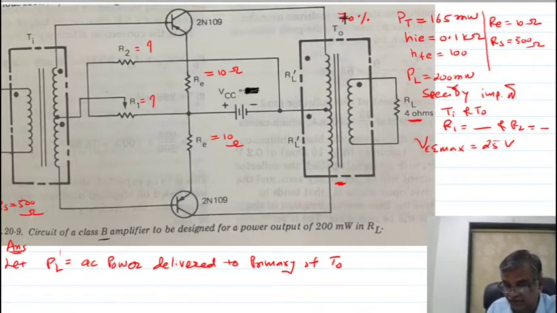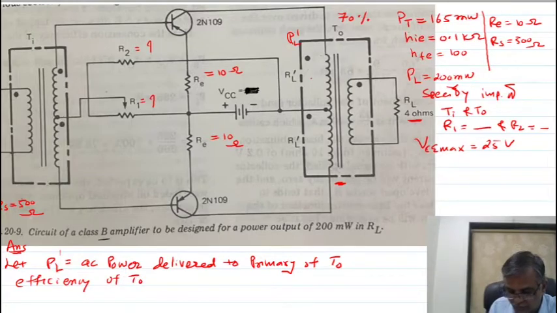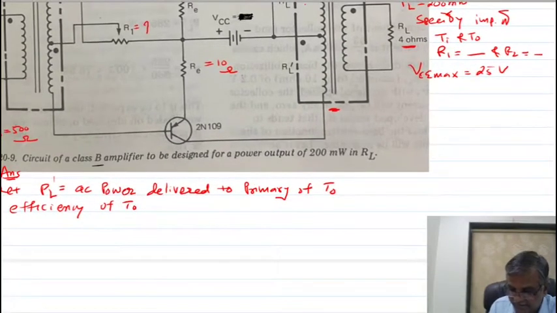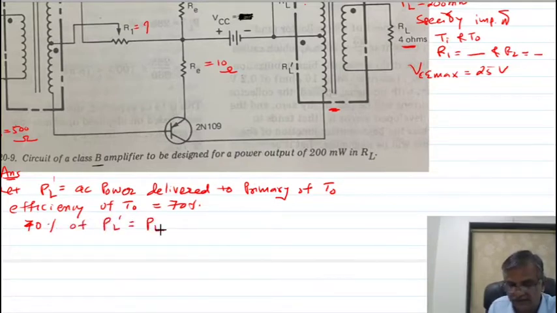So what is the meaning of this? Whatever power is developed at the primary, 70% of it is transferred to PL. The efficiency of the transformer is 70%, it means 70% of PL dash is transferred to PL.